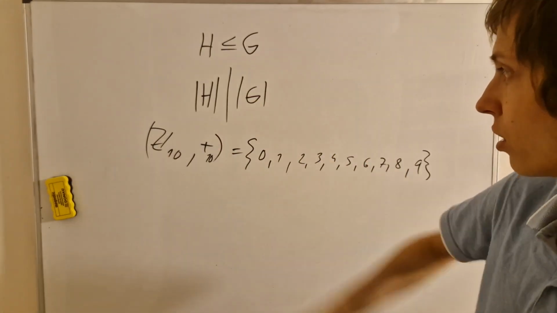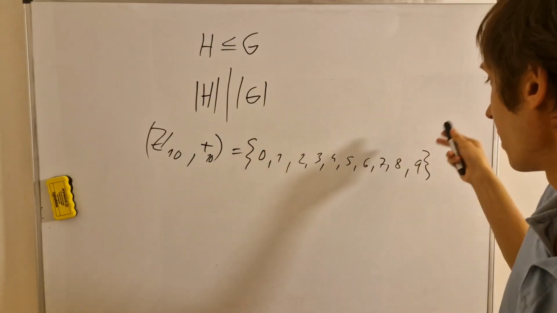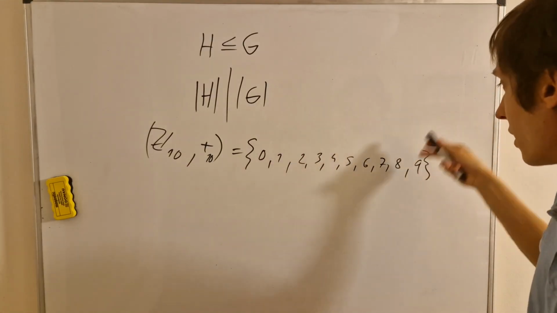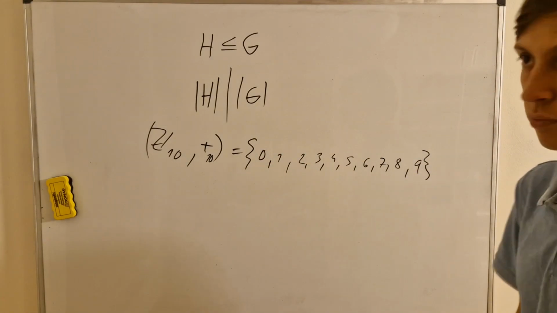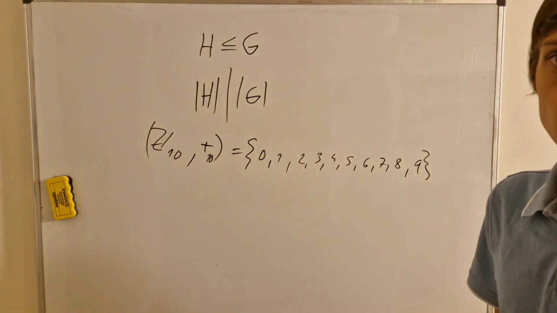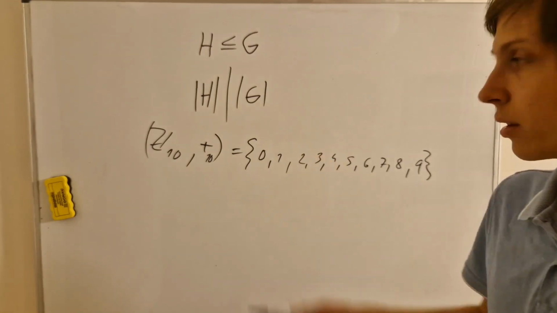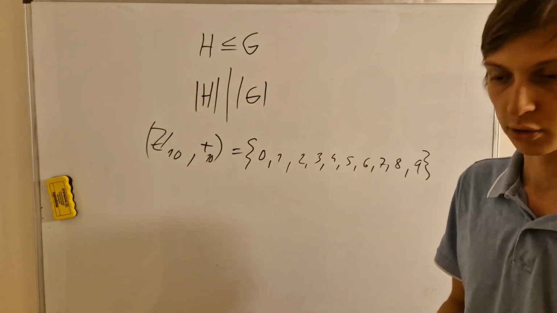So 5 plus 5 under this group's operation will be 0. 7 plus 7 will be 4, 9 plus 9 is going to be 8, 7 plus 8 is going to be 5, and so on. And of course if the two numbers add up to less than 10, then it's like normal arithmetic. So 0 plus 1 is 1, 2 plus 3 is 5, and so on.